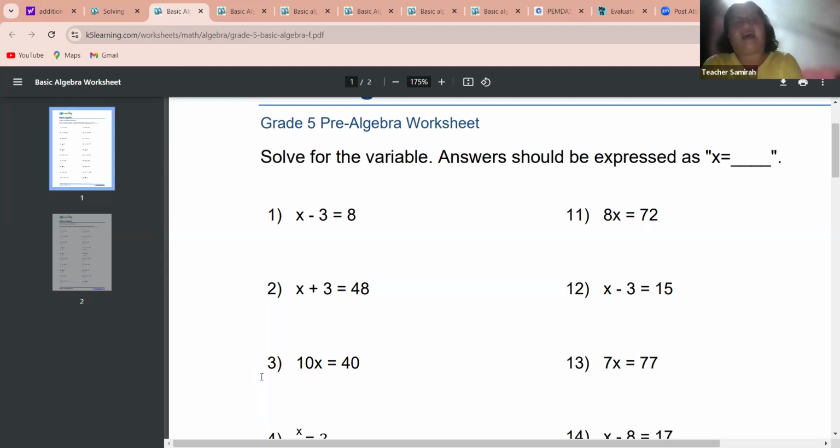Okay, so may I ask how it becomes 11? Because I add 8 and 3. You added 8 and 3. Okay, why do you have to add 8 and 3? Remember there are two things that I told you yesterday when we are going to find the value of x.